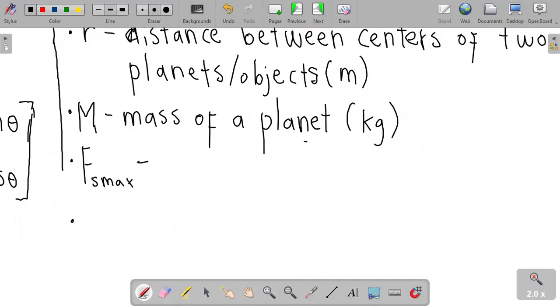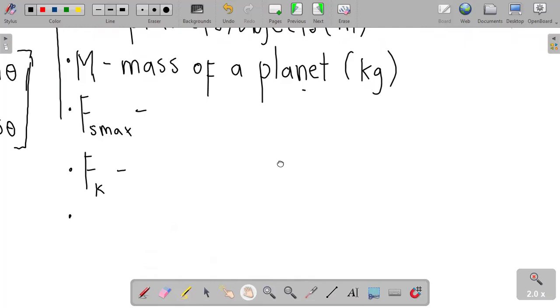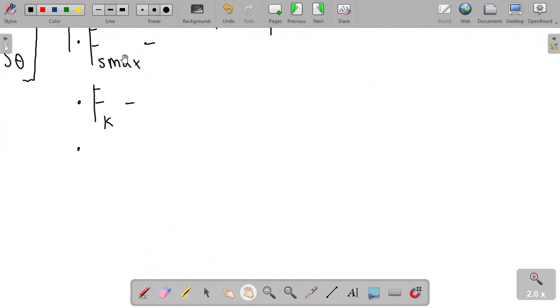Then we go to kinetic friction, and we go to the two coefficients, for static and for kinetic friction.